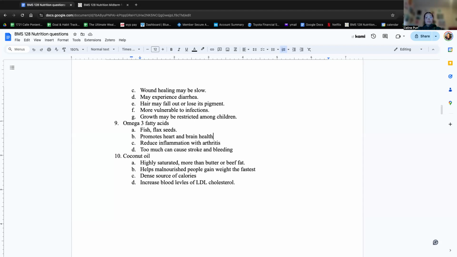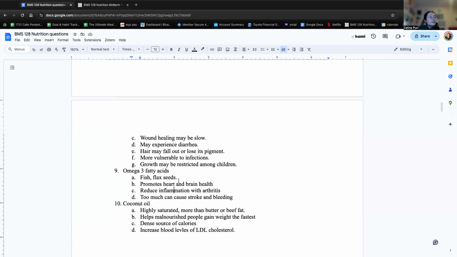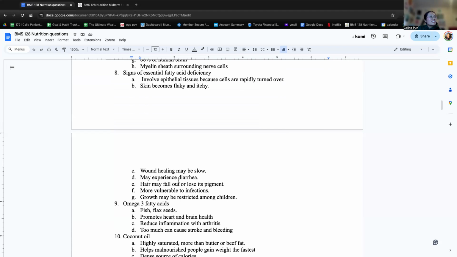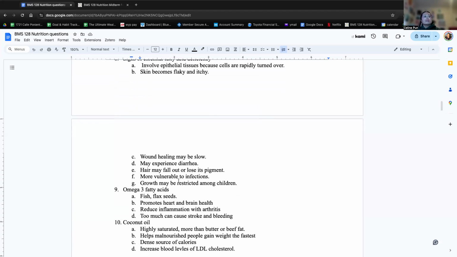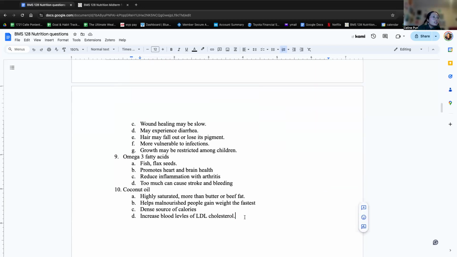We need to eat from the four groups of food. Everything, we need everything. It's good for your skin and hair.